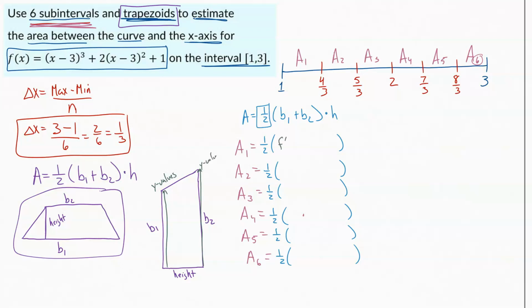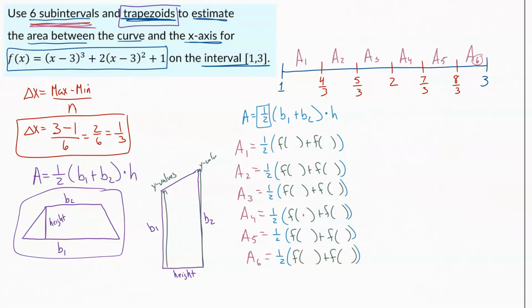And so we're going to have f of something, which will give us base 1, and then f of the other endpoint is going to give us base 2. And so as we come through here, again, it's this assembly line process. The more of these you do, the quicker you'll get at putting this together. You can maybe skip a few of these processes, but as you're learning it, this is helpful to let you know where everything is coming from.